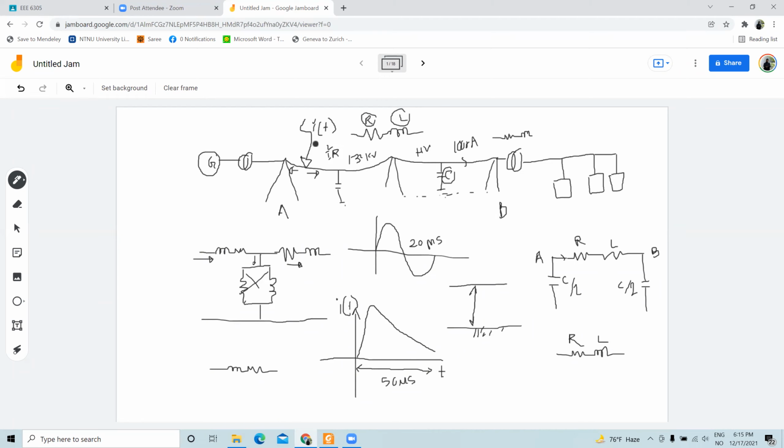Because of this resistance and the lightning, it develops a voltage V, which is basically I multiplied by R. This voltage is of very high frequency, because the current has a very short time duration, and so does the voltage. So for a very short amount of time, you will see a sudden high peak of voltage appearing on top of the supply voltage, on top of the system voltage.